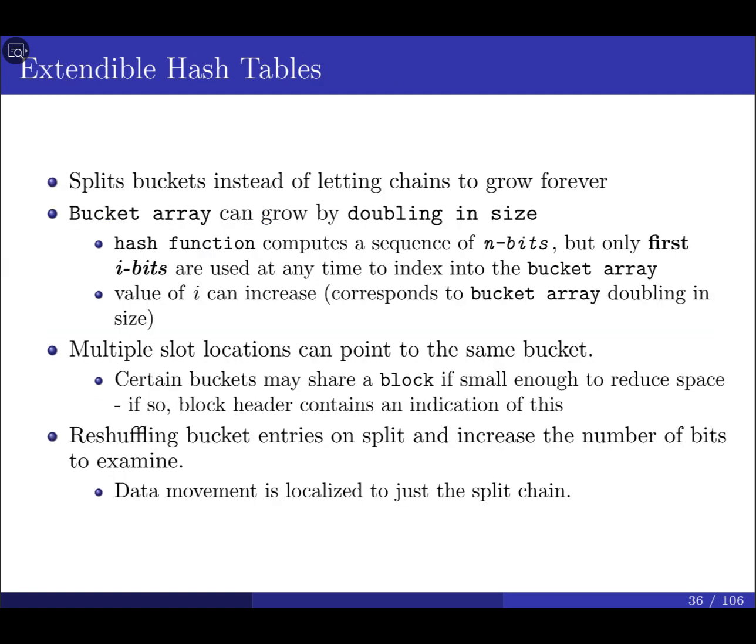So in extendable hashing, I'm going to split the bucket instead of letting the chain grow forever. Remember what we did in the B+ tree: if a node is full, you have to split it. So if you have 1 bucket, I can split this bucket into 2 buckets instead of having overflow.